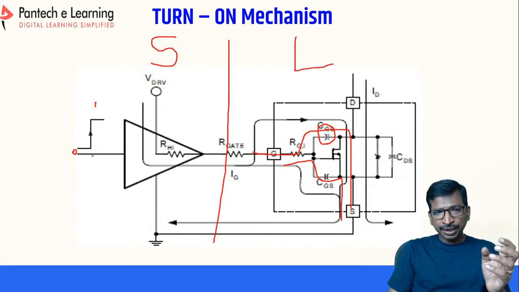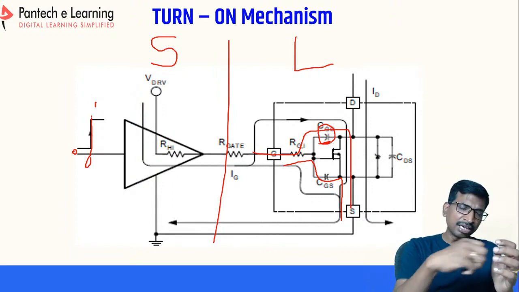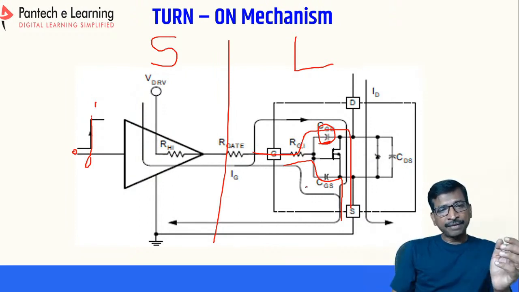Whenever you apply the gate pulse to 1, during this transient this capacitor will try to draw more current from the source. Our PWM generator is a microcontroller, and the microcontroller's maximum operating current will be around 10 milliampere.